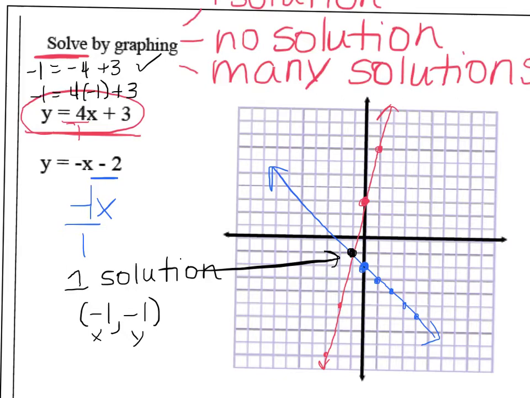So that one works. Checking the next one. We've got negative 1 equals negative 1 minus 2. Well, the opposite of negative 1 would be a positive 1, and 1 minus 2 is negative 1, so it works. That's an example of one solution.